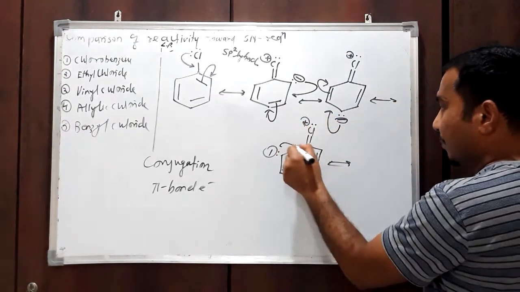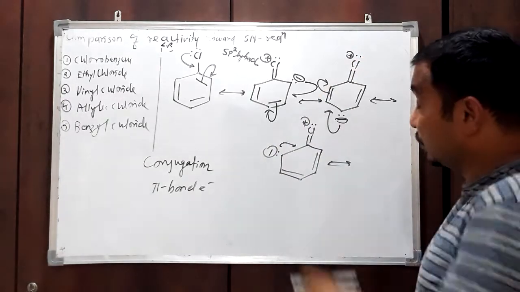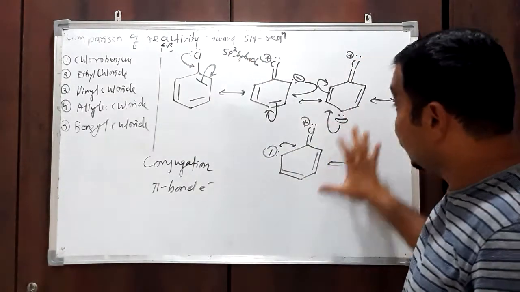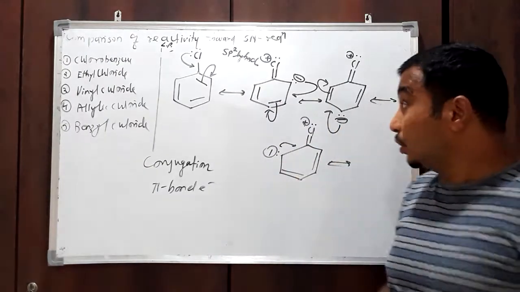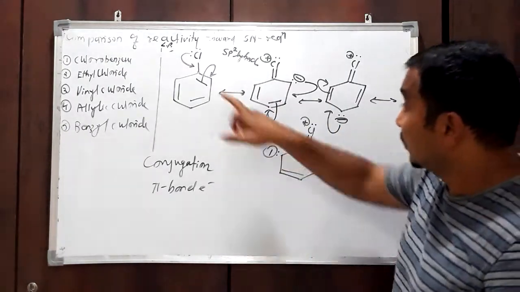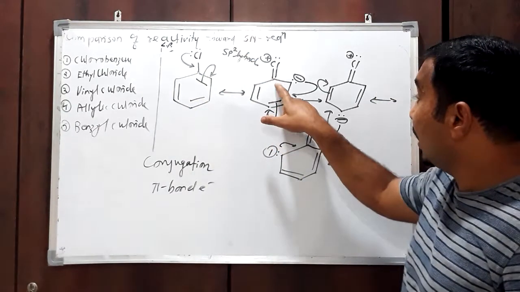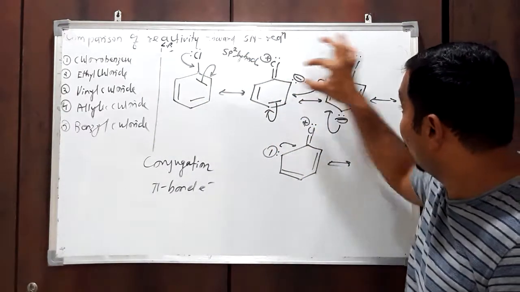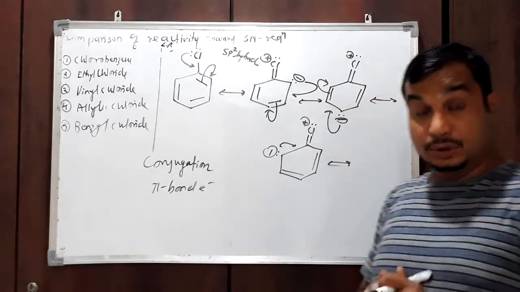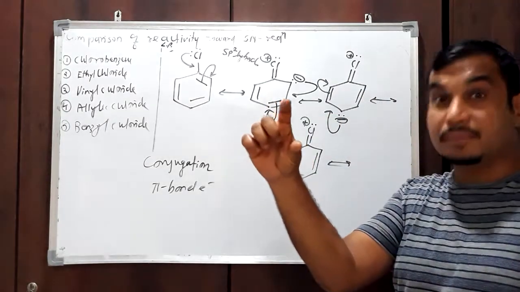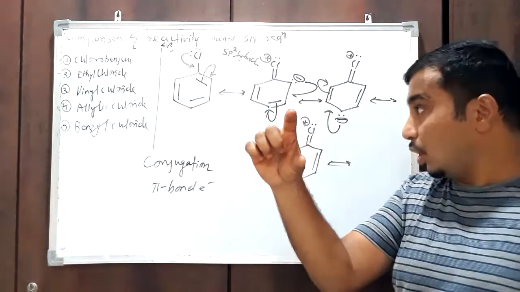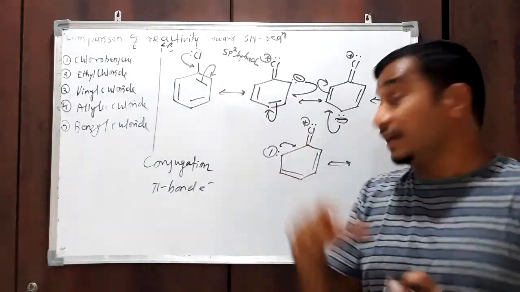Again we come back to the original structure. So chlorobenzene is nothing but the resonance hybrid of all these structures. Due to this resonance, the carbon chlorine bond has developed double bond character. Therefore, due to double bond character, the bond length is reduced. The C-Cl bond length decreases.